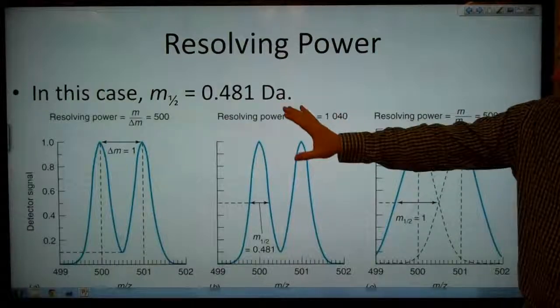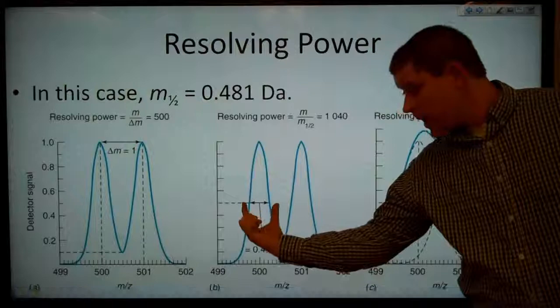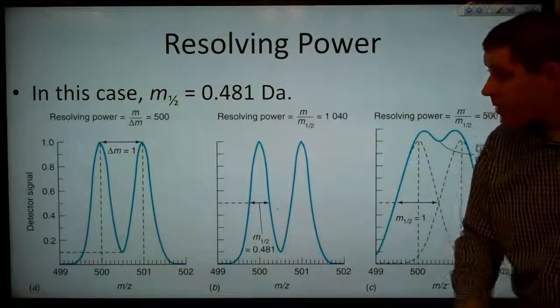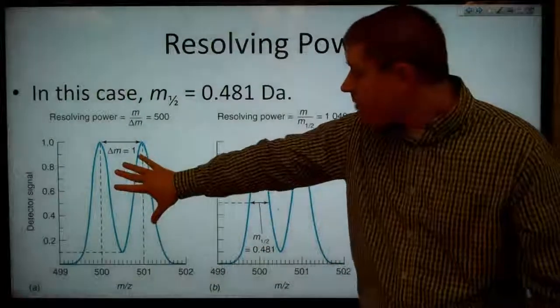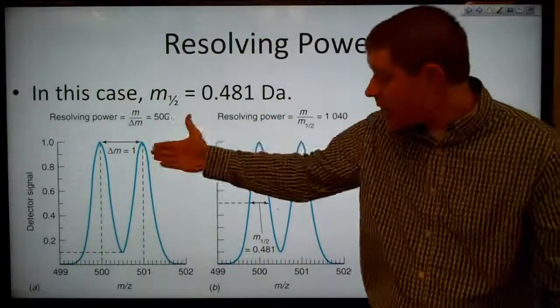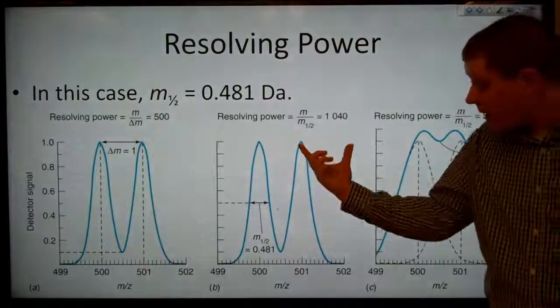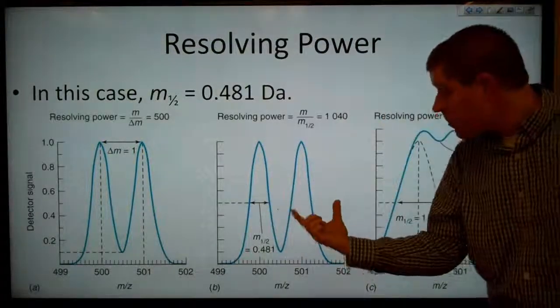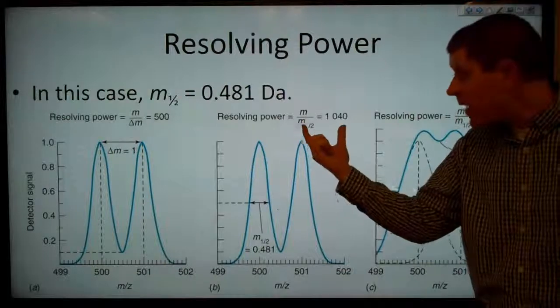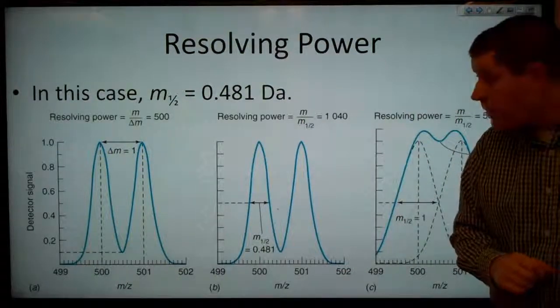In this case, m1 half is 0.481 Daltons. So that's this width here. Here we see the resolving power m over delta m equals 500, and we can clearly see a separation between those two peaks. Here we have the resolving power with those same two peaks, but now with our other definition, m over m1 half, we have a resolving power of 1040.